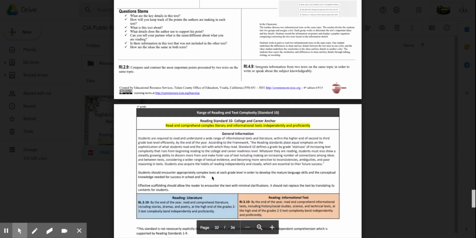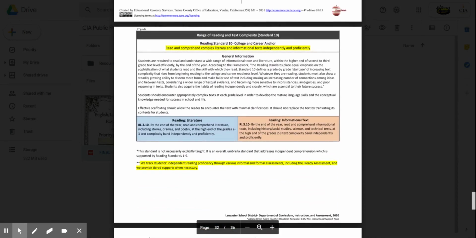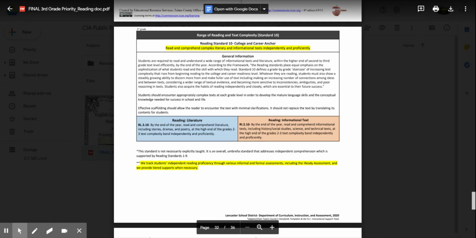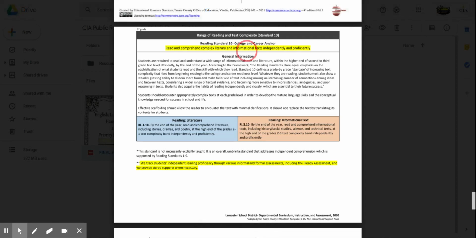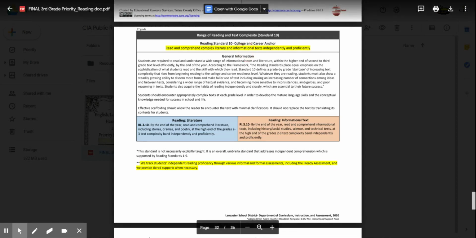And the very final standard in our anchor standards for reading is standard 10. And this standard is what we like to call an umbrella standard. You aren't necessarily going to form a lesson around it, but the goal is that our students read and comprehend complex literary and informational text independently and proficiently.